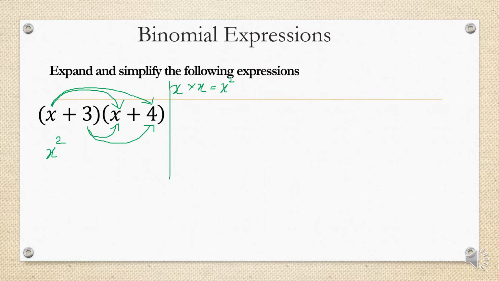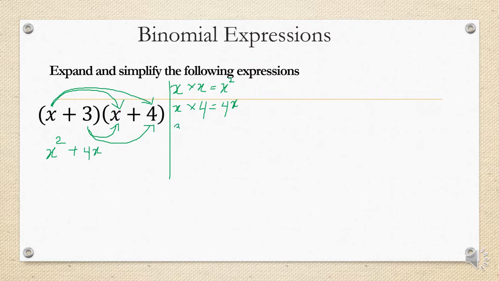x by 4. x multiplied by 4 will give us 4x. So we have positive 4x. Let's continue. What do we have now? We have 3 by x.